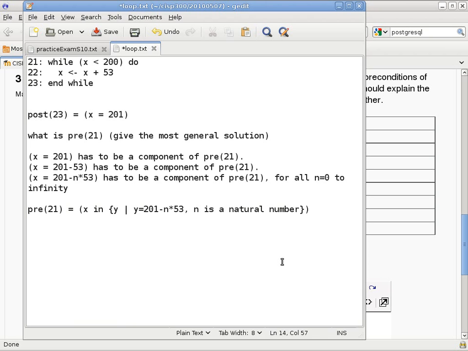That's why I said this is not right in the context of this class, because you have to first understand what is a natural number. The natural numbers are the set of non-negative integers, 0, 1, 2, 3, 4, and all the way up.